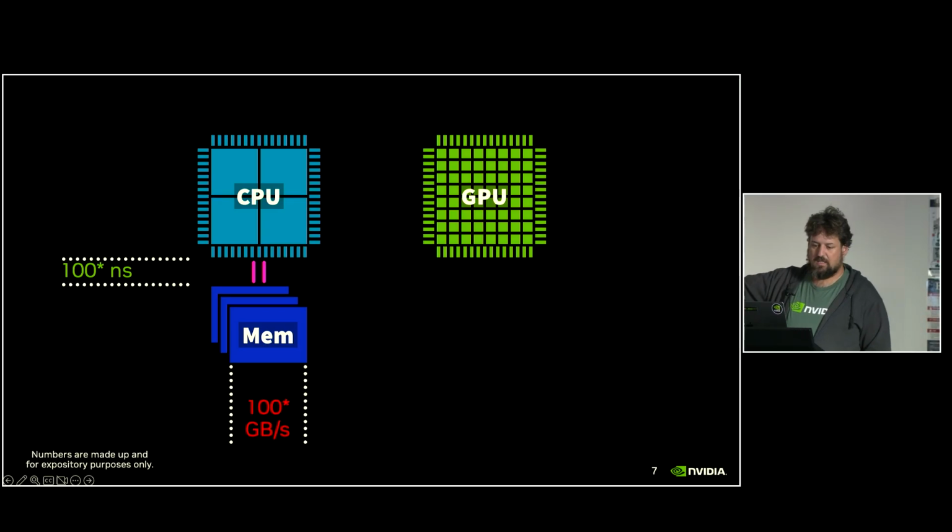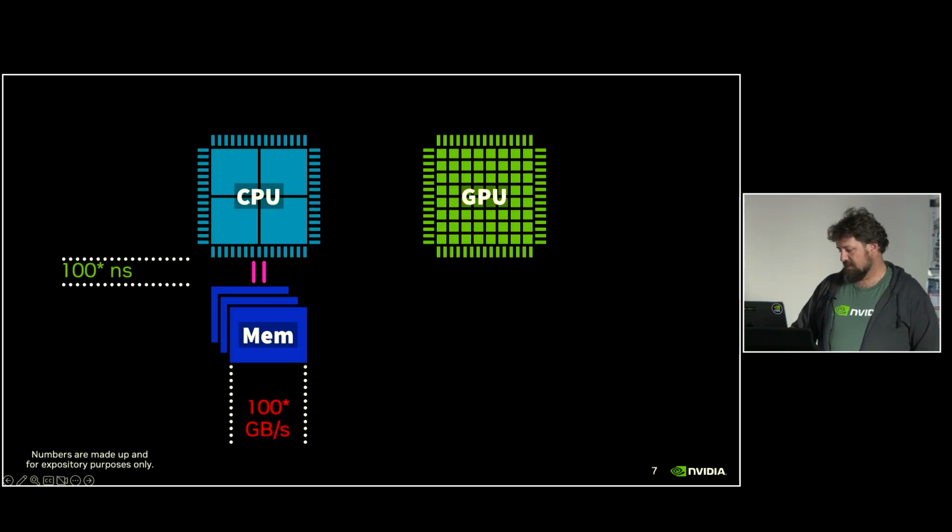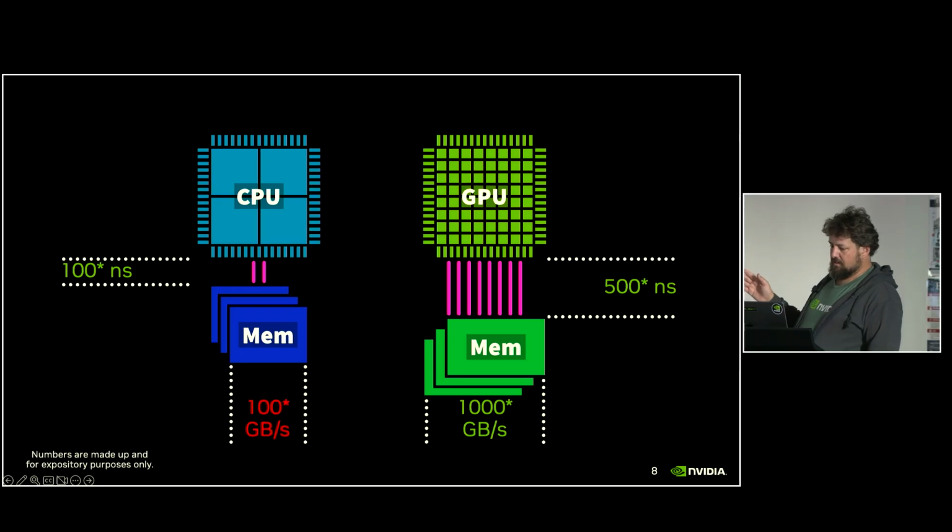It's going to have a pipe to that memory that's pretty thin, whereas a GPU is going to have a lot faster memory, usually a lot less. So if you can't fit it in that memory, it's usually going to be 10x the cost, whereas a CPU can always hit more and more memory.